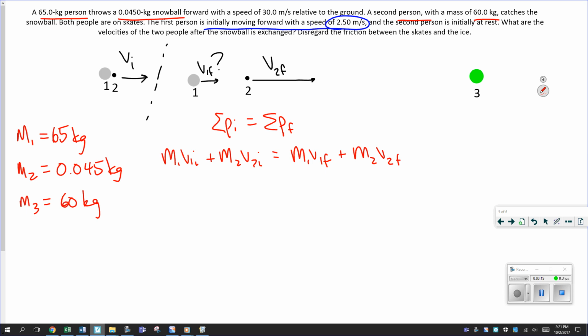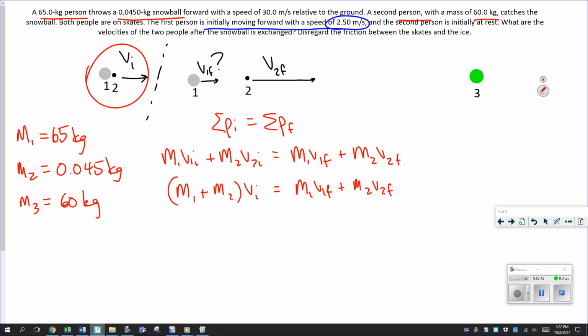Now, because of this intricacy where a person is holding a snowball, what you can do in a case like this is say that two objects are moving at a common initial velocity. But then at the end they are separate, M1 V1 final plus M2 V2 final.